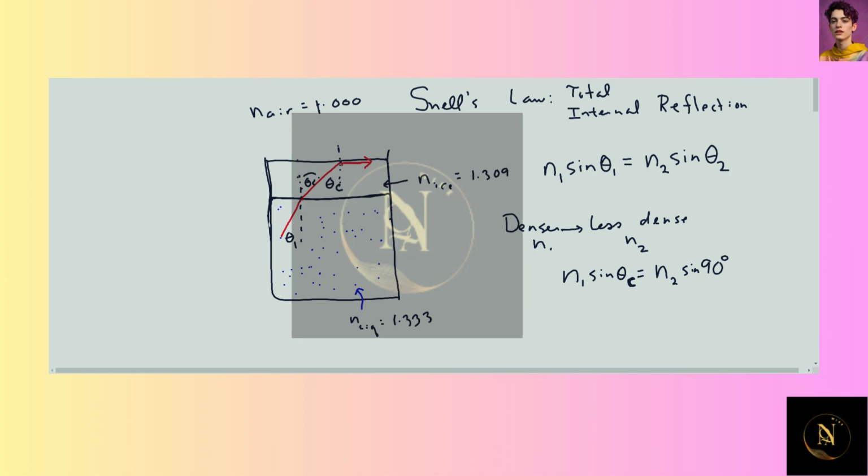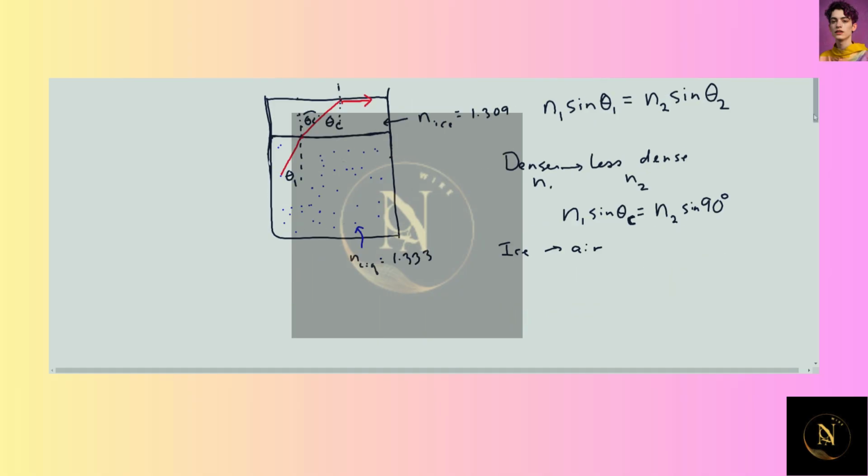So let's take a look at the ice-air interface. Ice has an index of refraction much higher than air, and so the ray can get trapped inside of the ice, such that, well, let's just go ahead and put in for the N of ice, 1.309 times the sine of the critical angle is equal to the N for air, which to 3 sig figs after the decimal place is 1.000, times, of course, sine of 90 is 1.